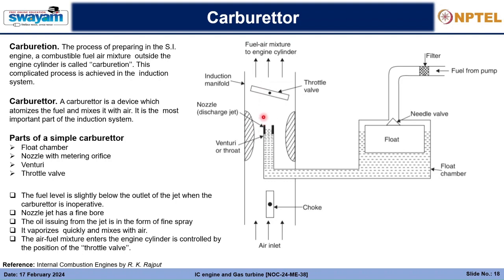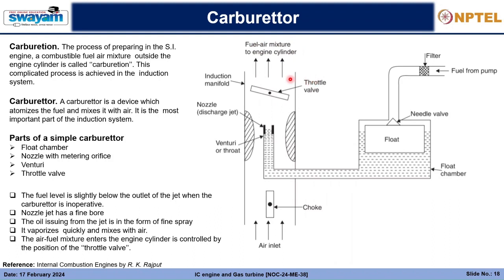So at the downstream, you will find that this area will have the mixture of air as well as fuel, and this air-fuel mixture will now pass through this throttle valve. As the throttle valve is opened, depending upon the amount of area it is exposing, you will find higher mass flow rates of the fuel-air mixture into the engine cylinder. So that's how we are controlling the throttle valve.